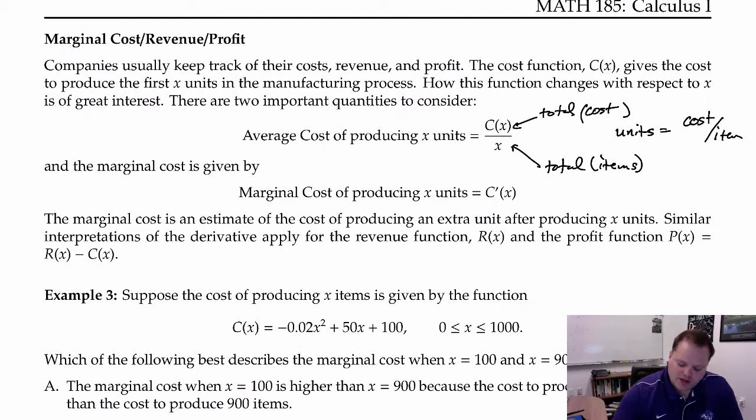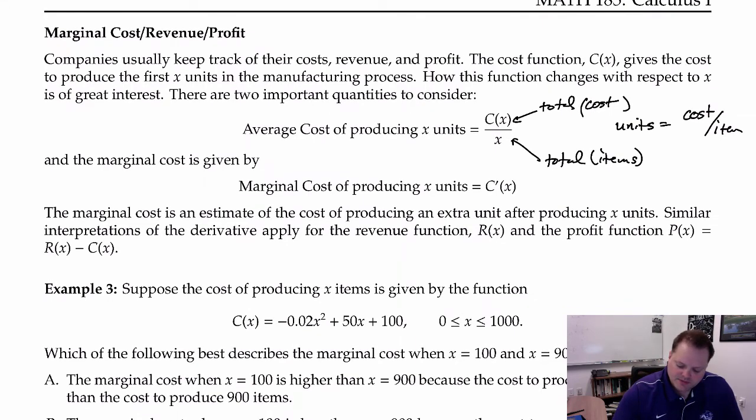So the marginal cost also has units of cost per item. However, the two have very different interpretations. The interpretation of average cost is the cost to produce a single item on average.